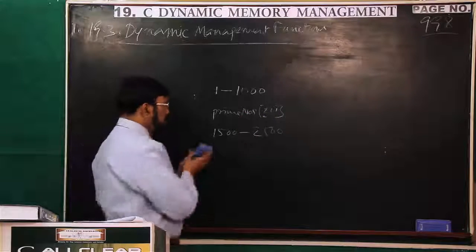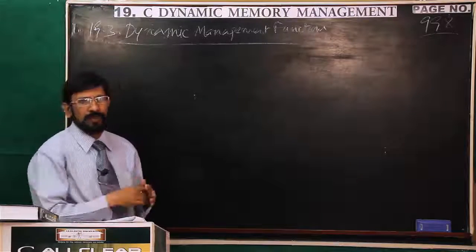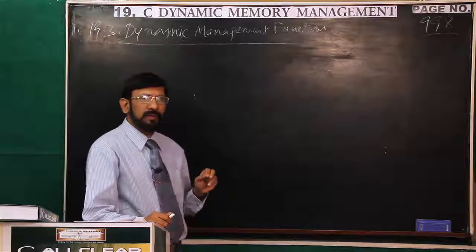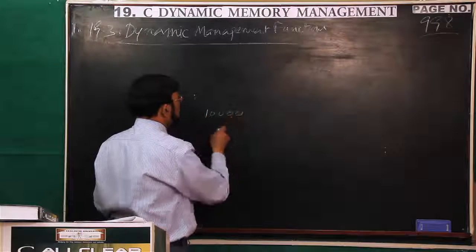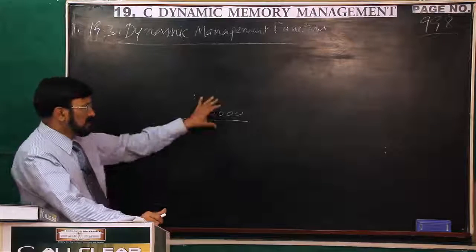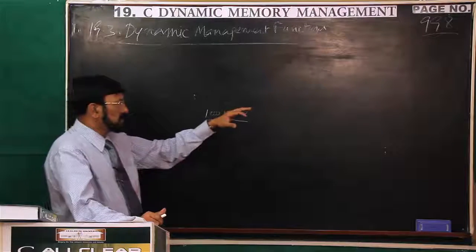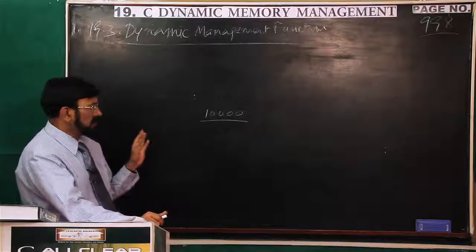Understand? In the same manner, take a real-time example. Suppose in a company, at a particular point of time, there are 10,000 shareholders. After 3 months, the number of shareholders has changed. Why has it changed?